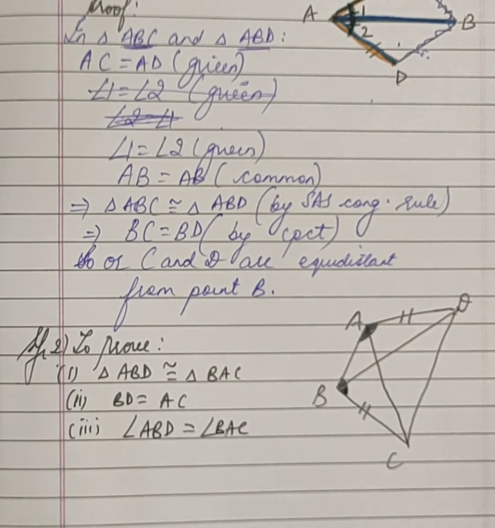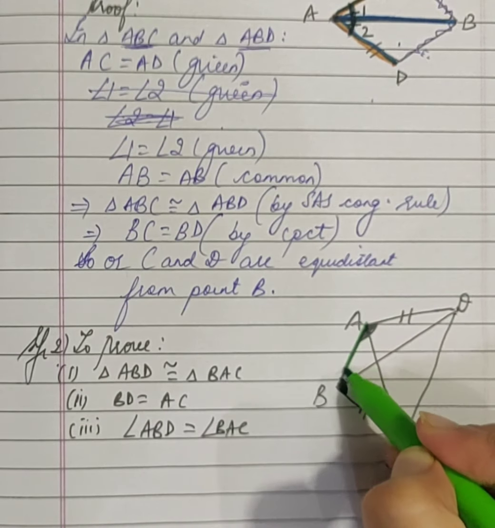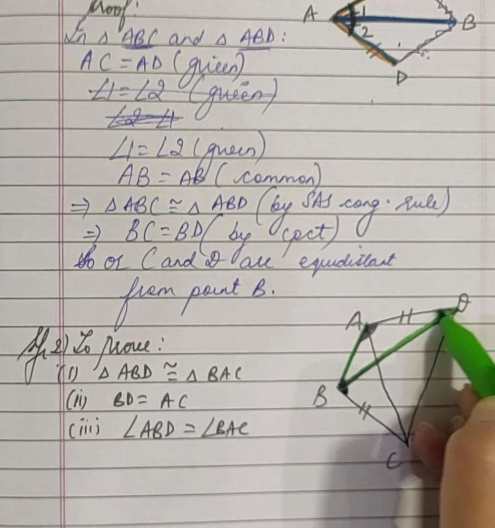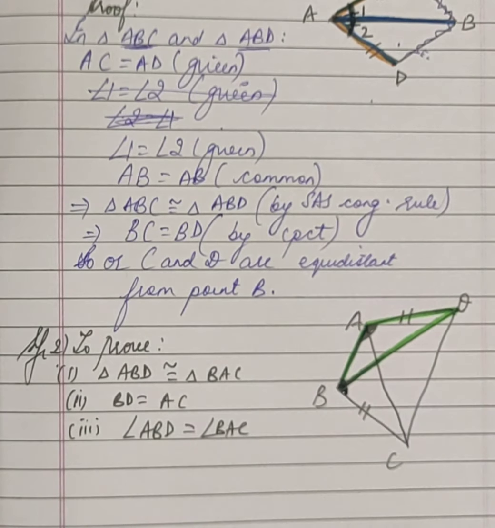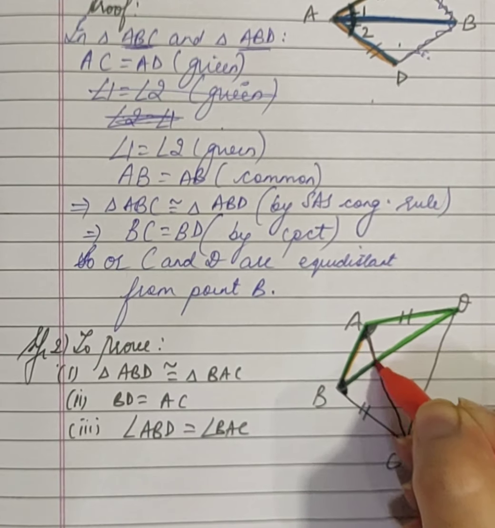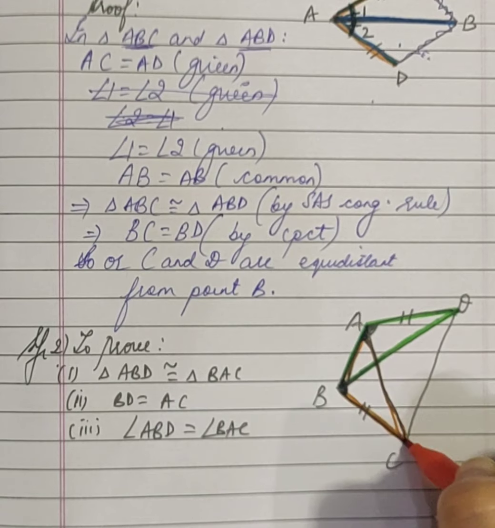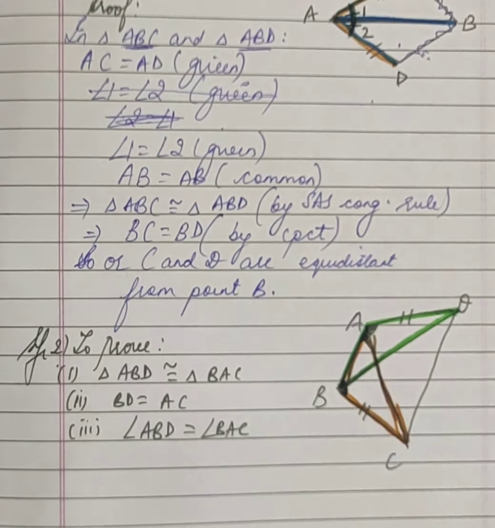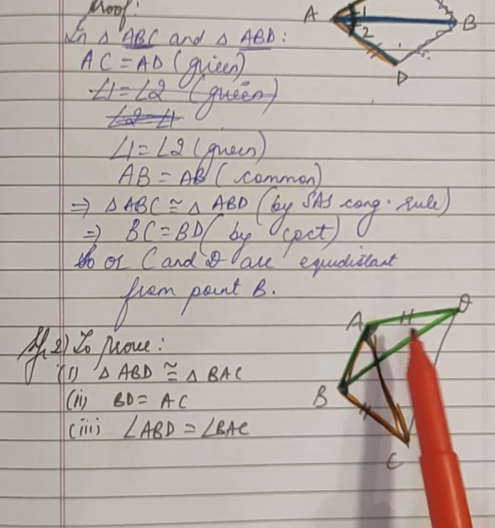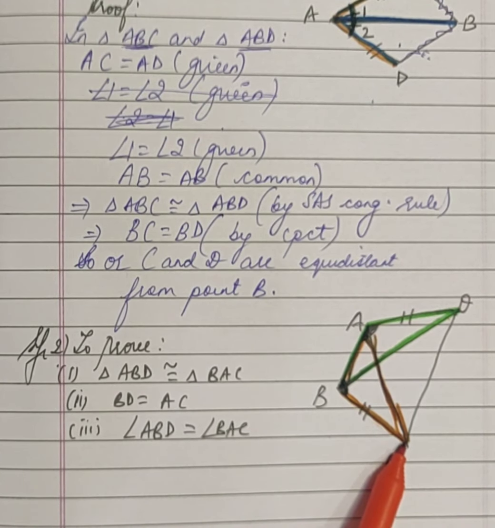Now see, let's look at the first part. Triangle ABD, it means this green triangle. It is to be proved congruent to BAC, that means this orange triangle. This green and orange triangles need to be proved congruent. Now see, AD of green triangle is equal to BC of orange triangle. This is side condition.